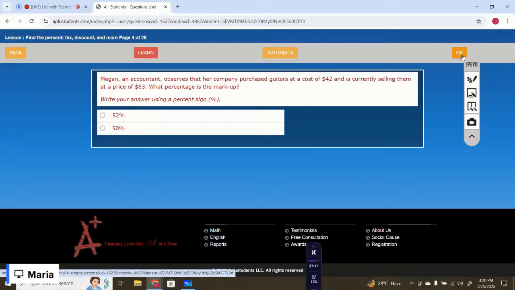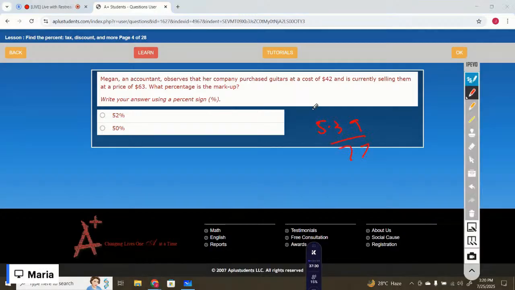Megan, an accountant, observes that her company purchased guitars at a cost of $42 and is currently selling them at $63. What is the percentage markup? So you need to calculate the amount of change, right? That would be 63 minus 42 over 42, right?